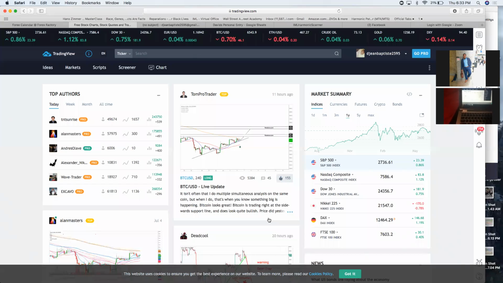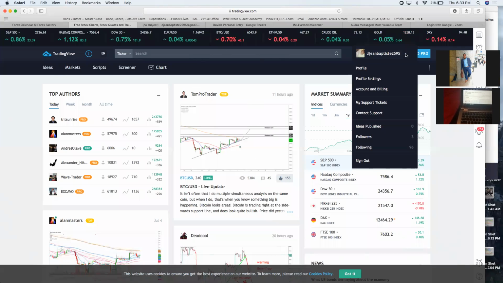All right, guys. So this is the page that everyone's going to see once you're able to log in to your back office. I just wanted to go over a few things with you, so you have a better understanding of how to use TradingView. First thing, on the upper right, you're going to see your name and a picture of yourself, profile setting.